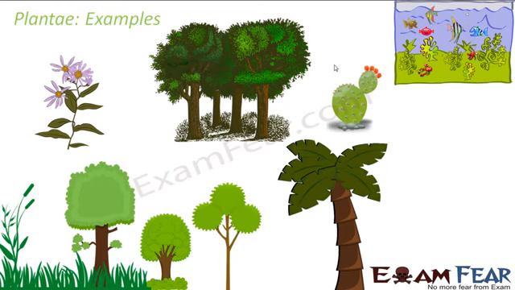Because of this diversity, as I have mentioned before, whenever you have a huge variety of things to be studied, the best way to study them is to classify them. Instead of studying each and every type of plant that exists on this earth, it is better to group them into different categories and then study each of those categories.